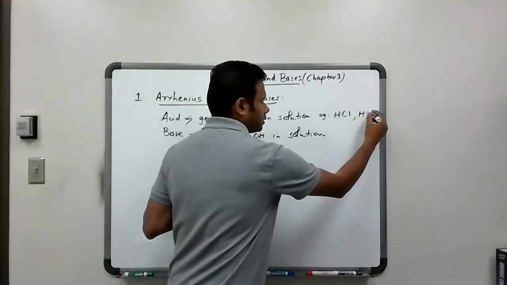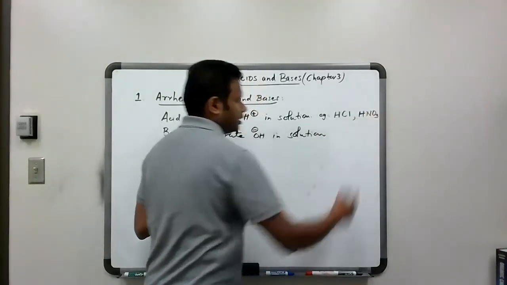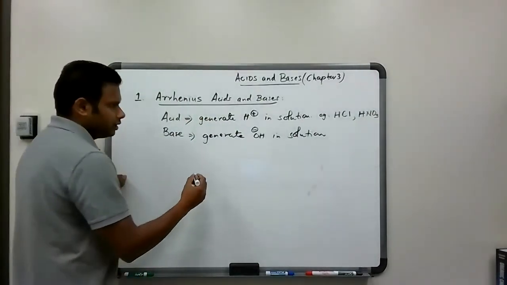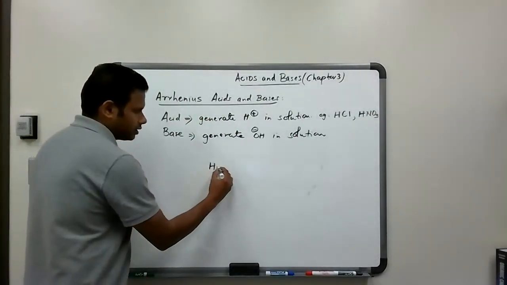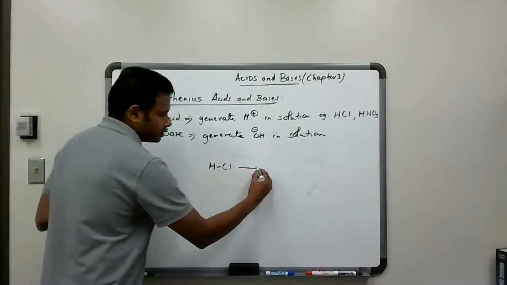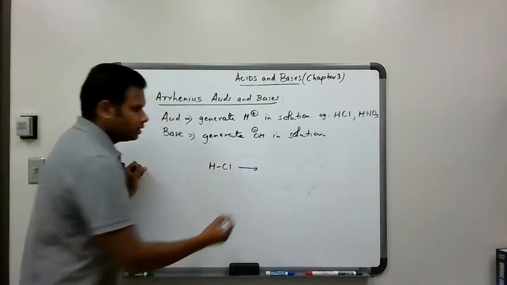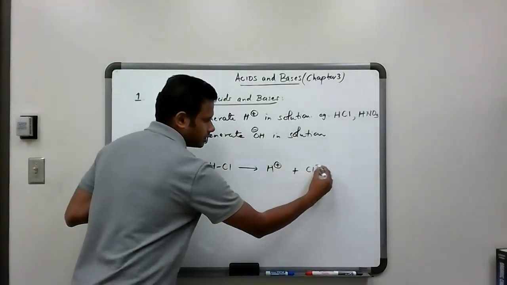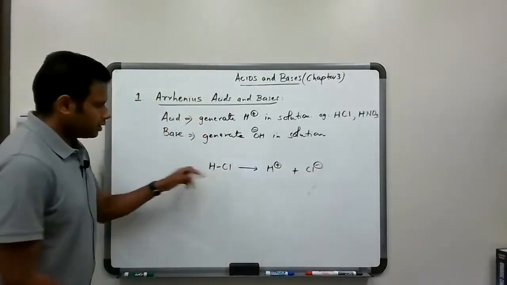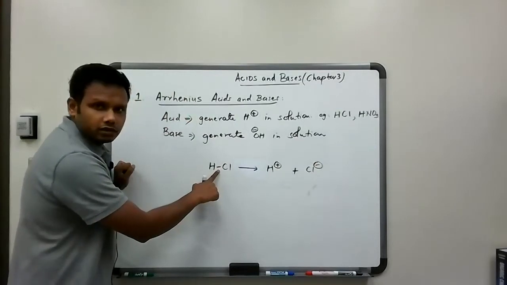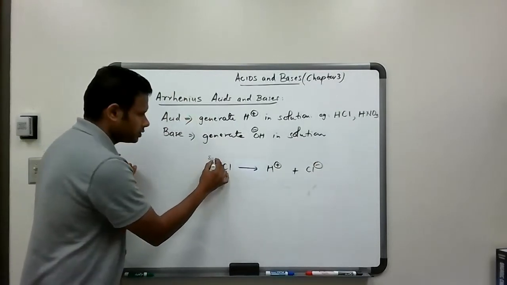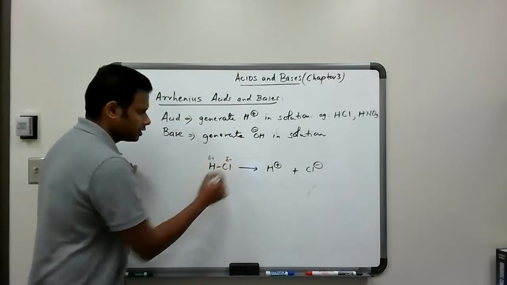Those would all be examples of acids, because when you have HCl in solution, it can give us H plus and Cl minus. This bond between the H and the Cl is polarized. The hydrogen is delta positive, the chlorine is delta negative.